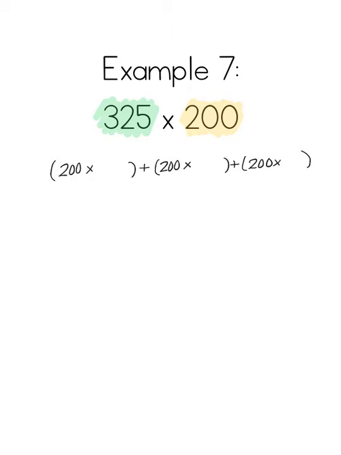Then I can break 325 up by place value. So the process is exactly the same, the number's just a little bigger. Next, we'll multiply.